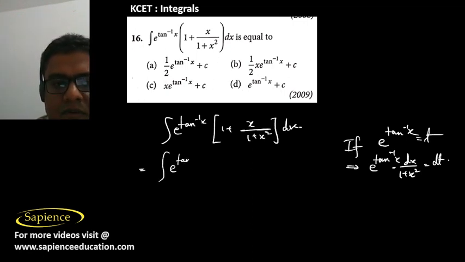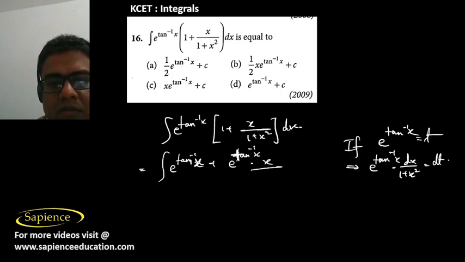So this is e power tan inverse x plus e power tan inverse x into x divided by 1 plus x square dx. This will be e power tan inverse x.